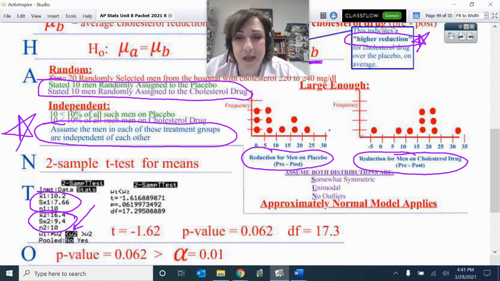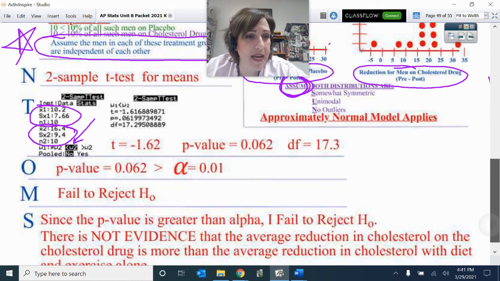Are they beautiful? I don't know about that. Is the one on the left skewed to the right? I don't know. So that's why I put the word assume in here. I was uncomfortable saying they are definitely symmetric, so I said I'm just going to assume both are somewhat symmetric, unimodal, no outliers, so the approximately normal model applies.